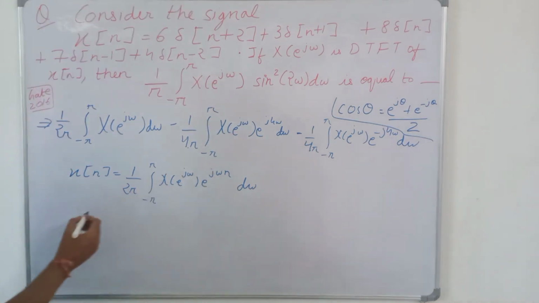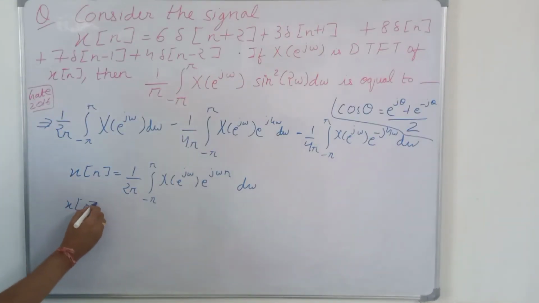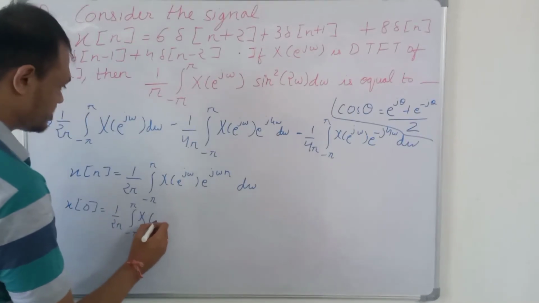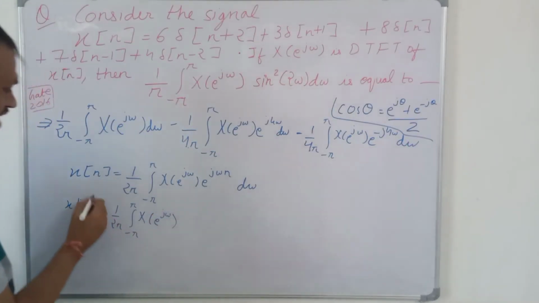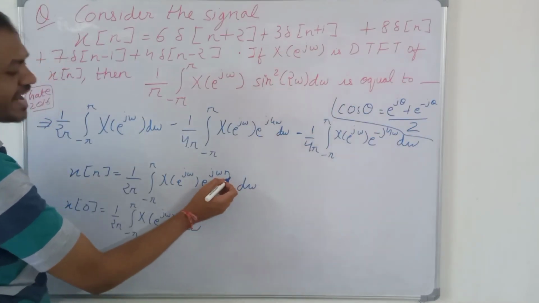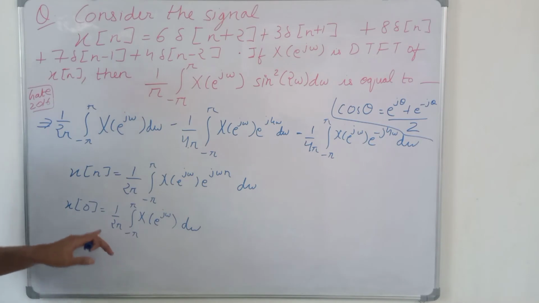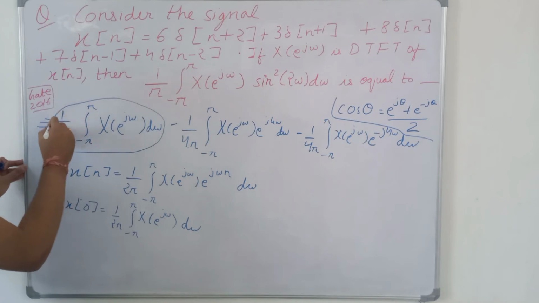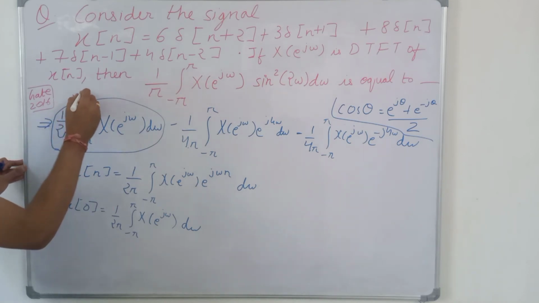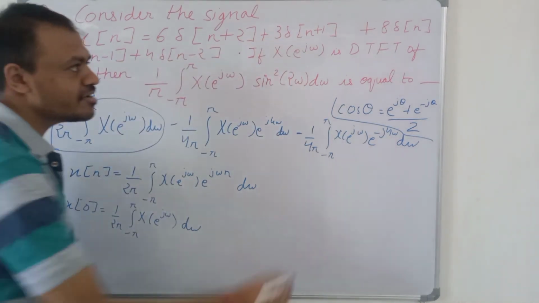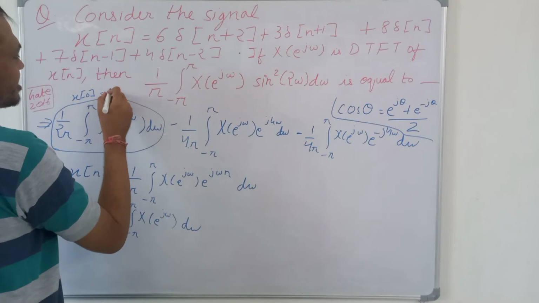So x of 0 is equal to 1 upon 2 pi, integral from minus pi to pi, X of e to the power j omega d omega, because if you substitute n equal to 0 here, this term will become 1. This is nothing but x of 0, and x of 0 is equal to 8. So this term will be equal to 8.